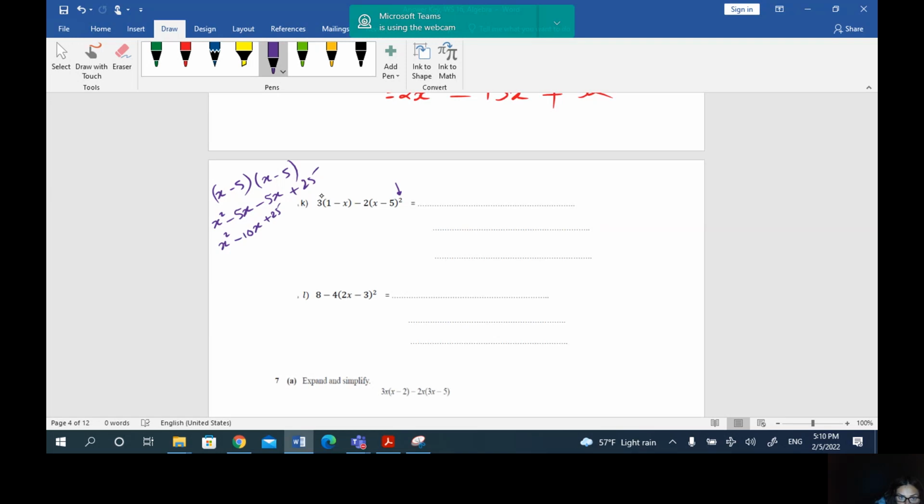So, and we can expand the 3 into this bracket. 3 times 1 is 3. 3 times negative x, negative 3x. The 2 is here. The x minus 5 squared will come down to x squared minus 10x plus 25.